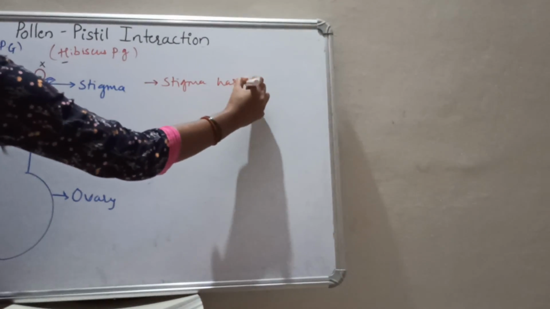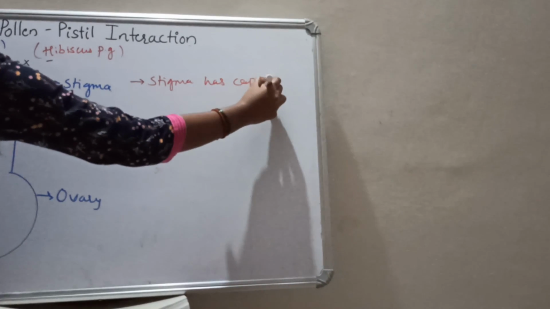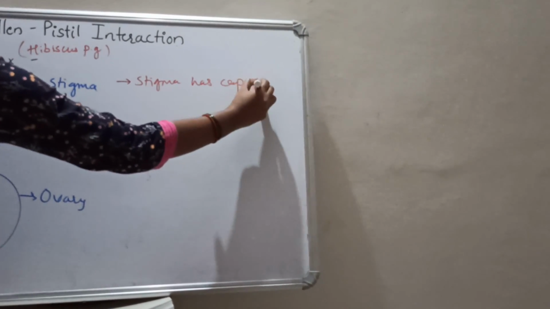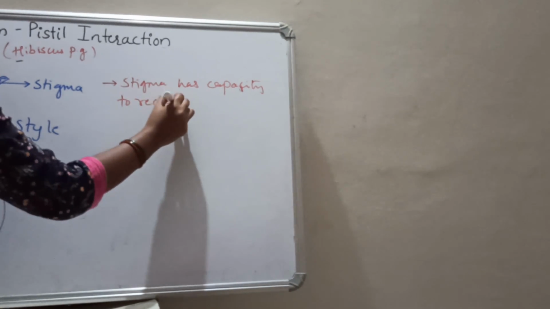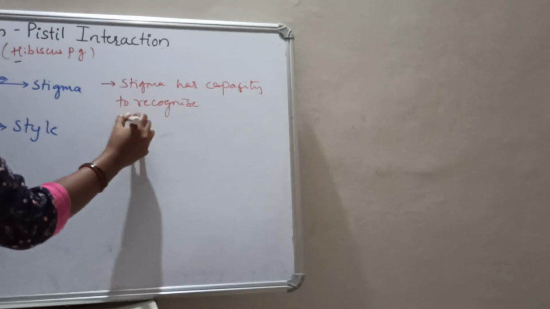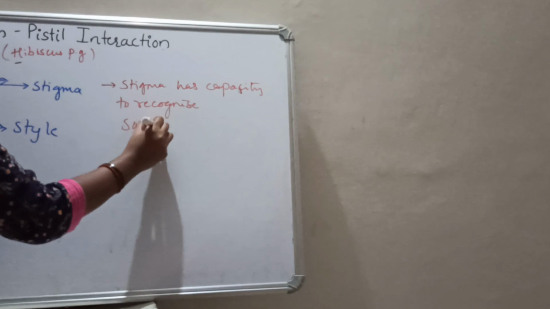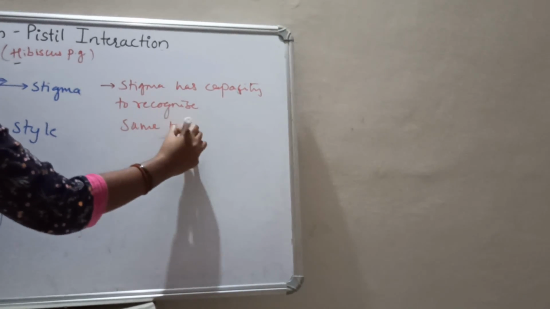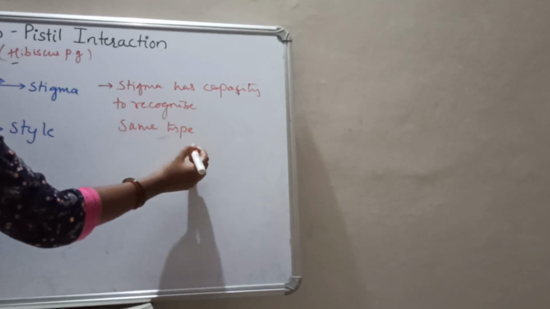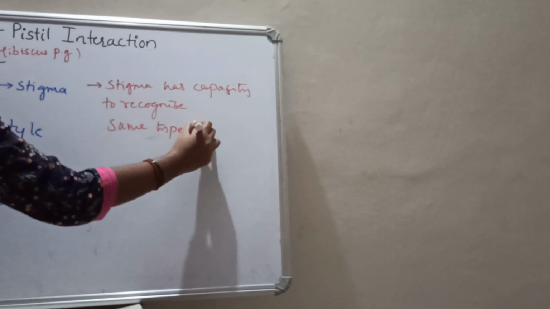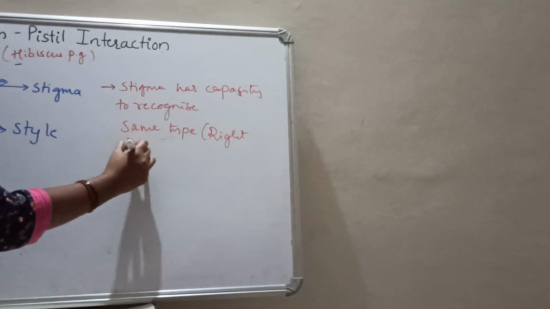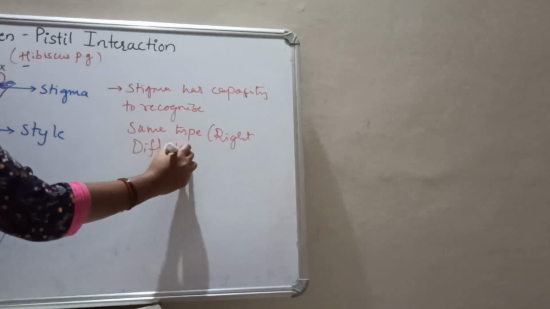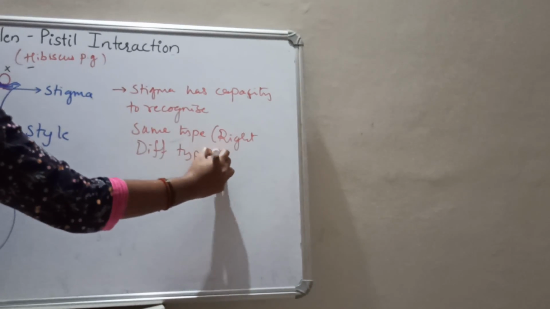The stigma has the capacity, or the ability, to recognize whether it is the right type of pollen grain, or it is a different type of pollen grain, which means the wrong type.